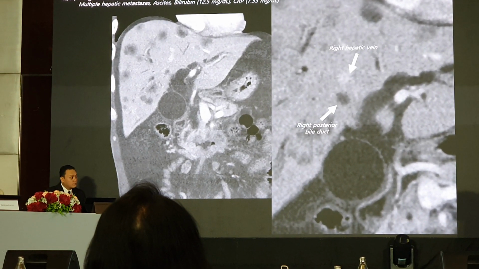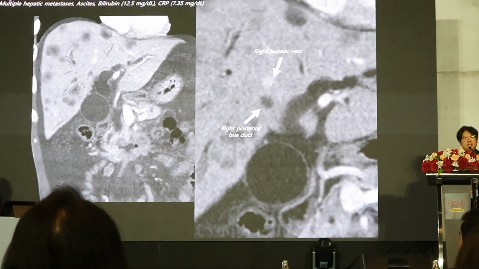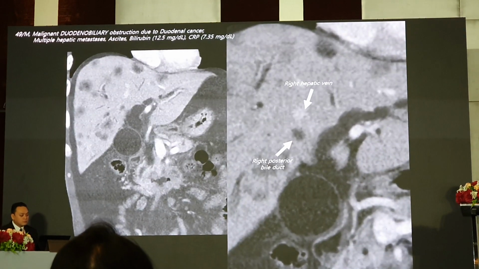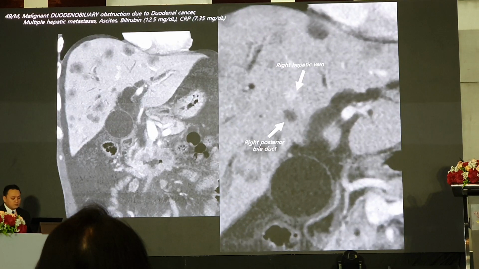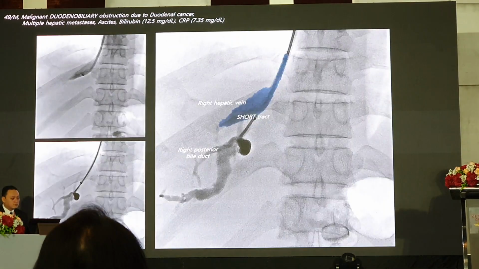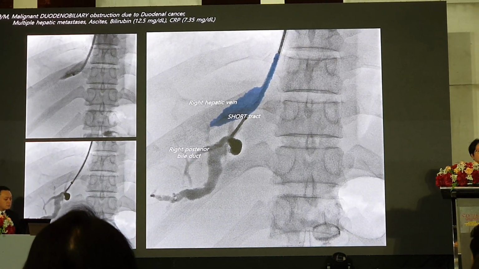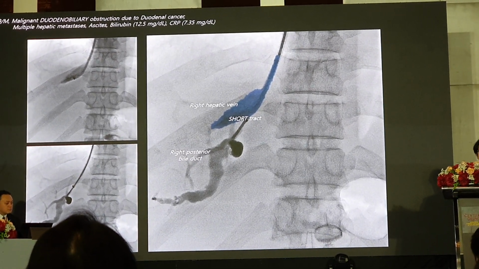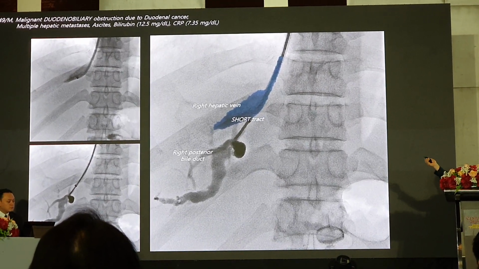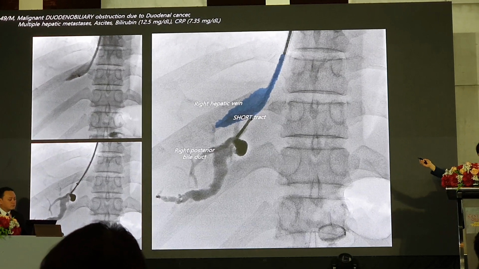So it is relatively simple, safe and easy to puncture the dilated right posterior bile duct from the right hepatic vein. So we successfully punctured on one attempt, and you can see the very short tract between the right hepatic vein and the right posterior hepatic duct.